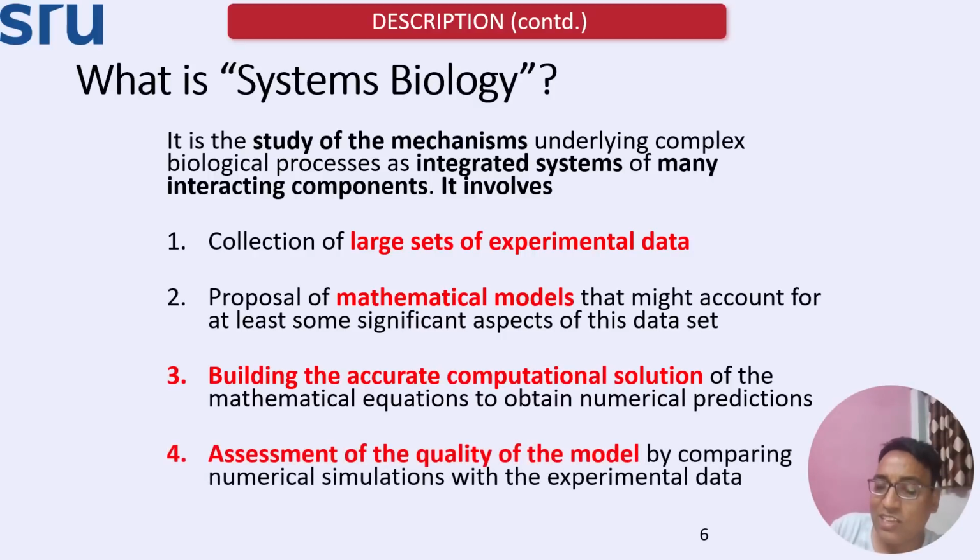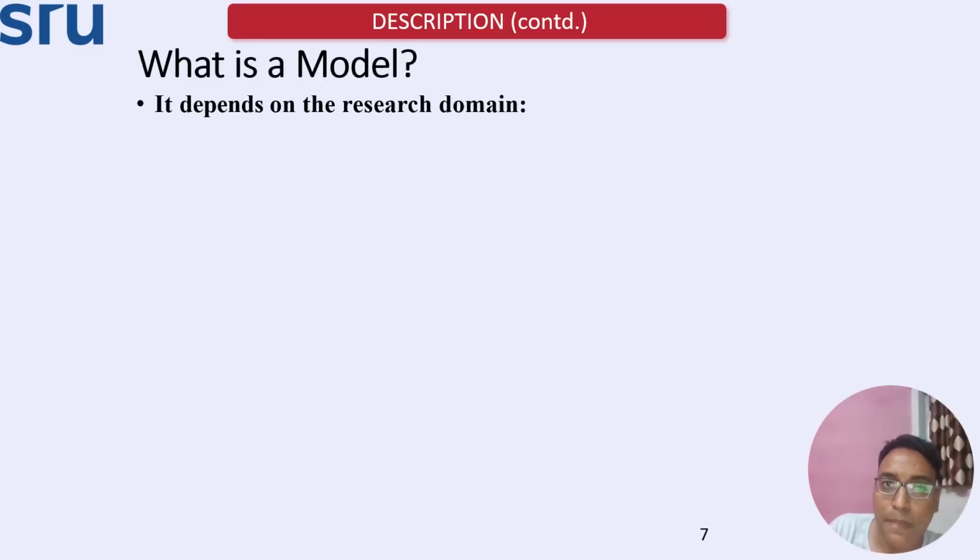Lastly, we assess the quality of the model by comparing the simulated data with the experimental data, which you may need to perform in the lab. All this goes again and again, iteratively, until we reach the required accuracy.